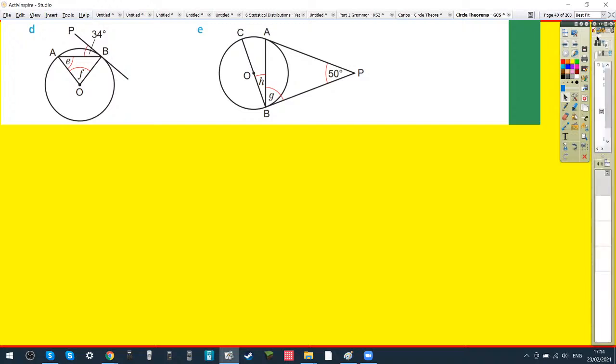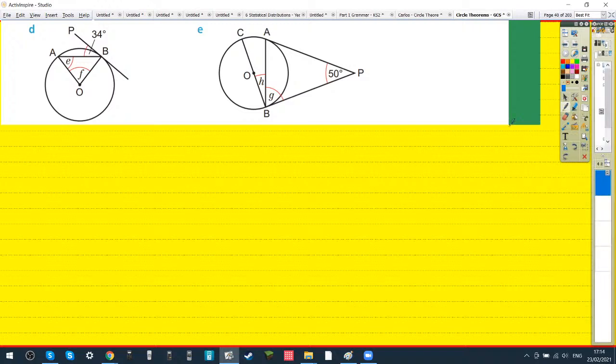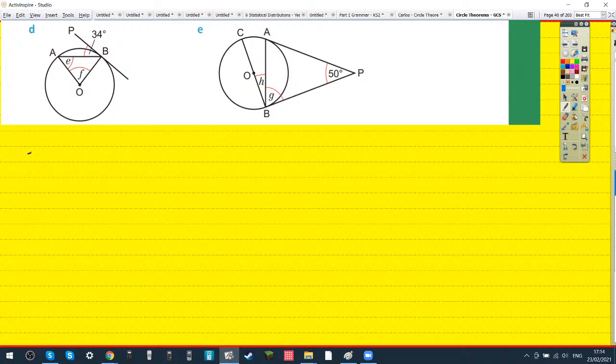Okay, so need to find out E and F. So I know that part is 34 degrees. So that means that B is 56. Well done. So then E is also 56.